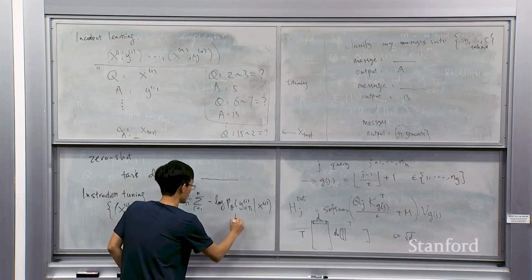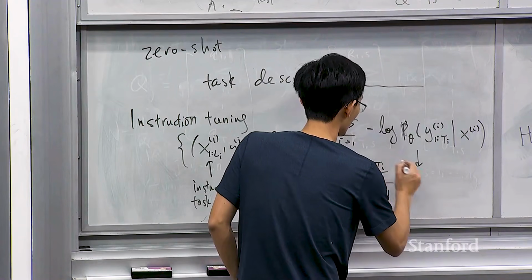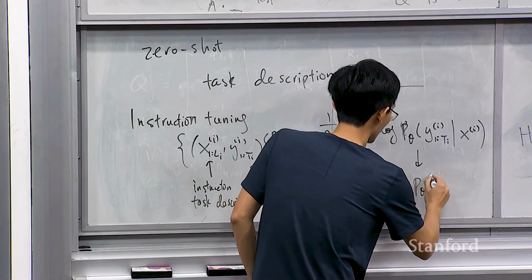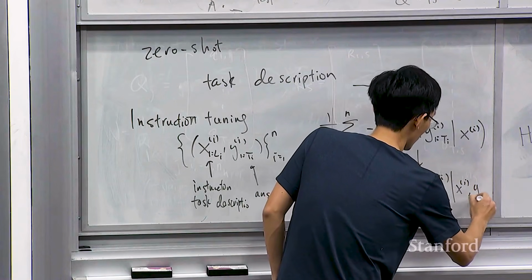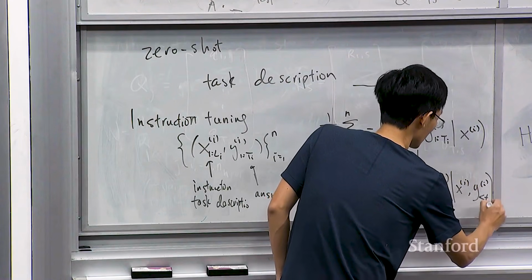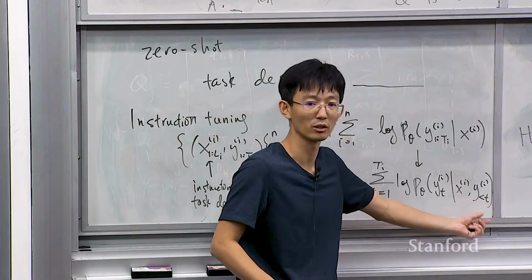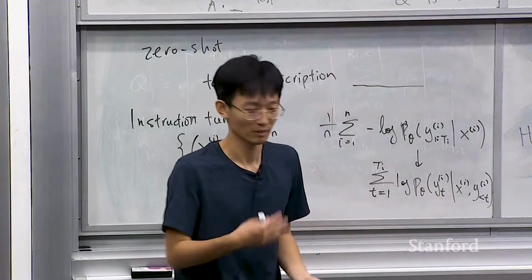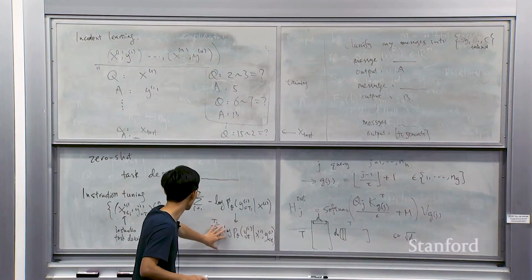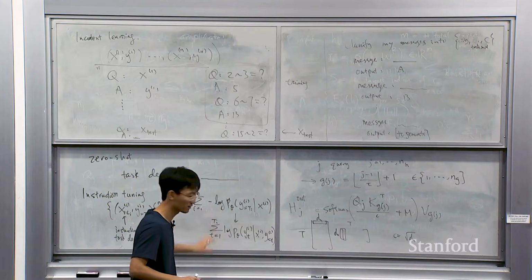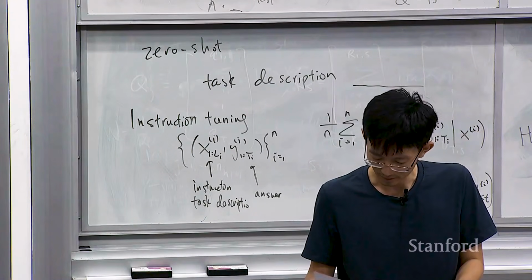So you can decompose this into a sum over the time step t from 1 to T_i of log p_theta(y_t^i given x_i and y_{<t}^i). So you say, given the instruction and given the first t minus 1 tokens, you want to predict the t-th token, and you just sum up the loss functions. I think there's some normalization here, which you can see in the notes, but that's a small minor detail.